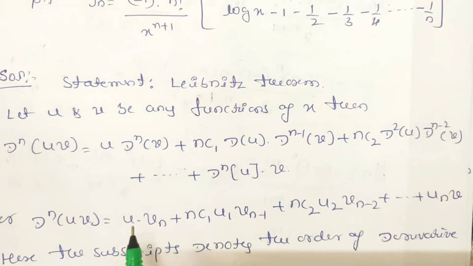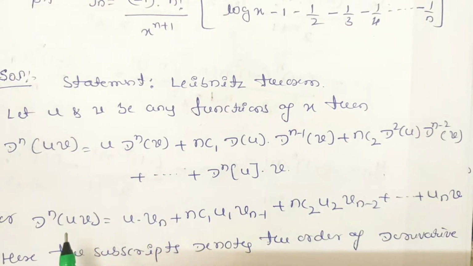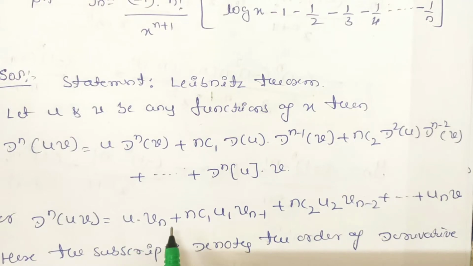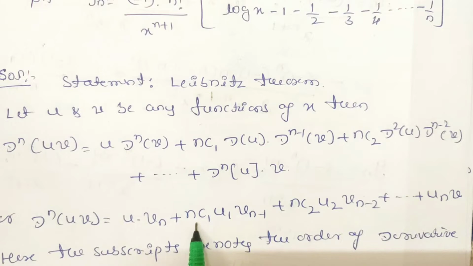It's very easy to remember this formula. That is, nth derivative of the product of two functions is equal to first function as it is into nth derivative of the second function. You remember only this first term. Then plus nC1: you just see the previous term to write the next term.